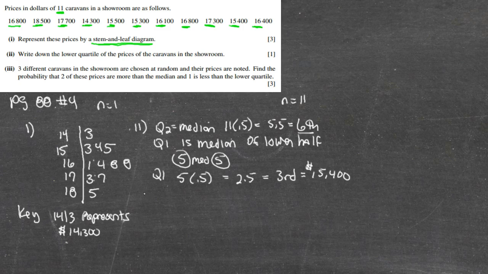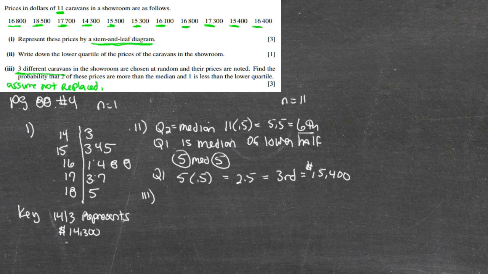Now for part 3, since we've got 3 different caravans chosen at random and their prices noted, find the probability that 2 prices are more than the median and 1 is less than the lower quartile. Of course, in this case, we're assuming we're not putting them back. We're just pulling them out.